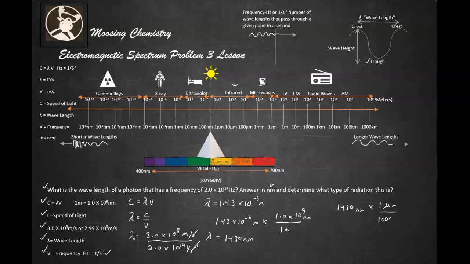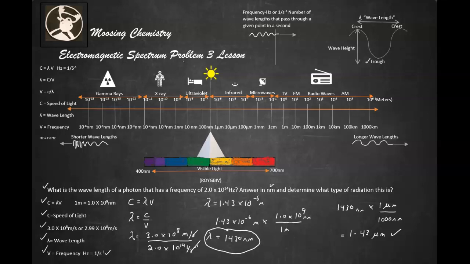There are 1,000 nanometers in 1 micrometer, right? This is going to give me the answer of 1.43 micrometers.